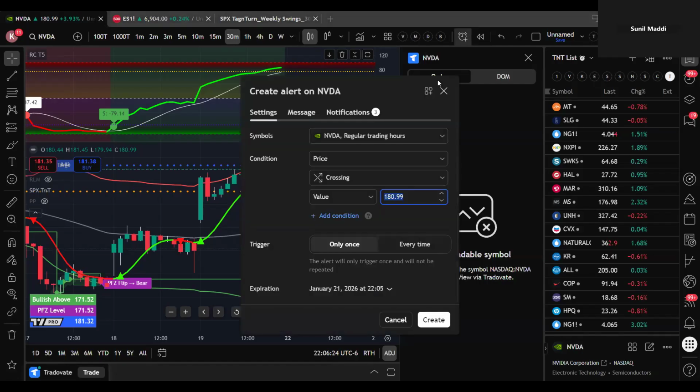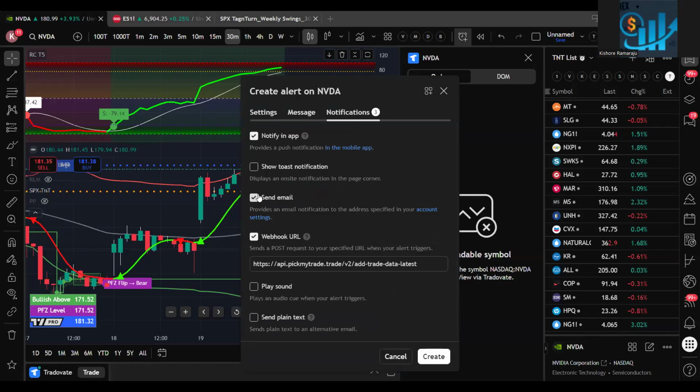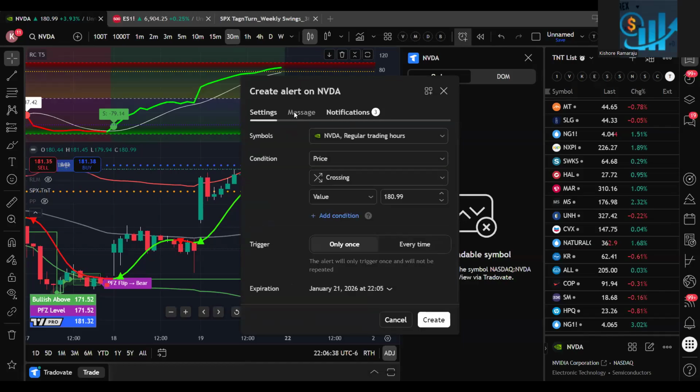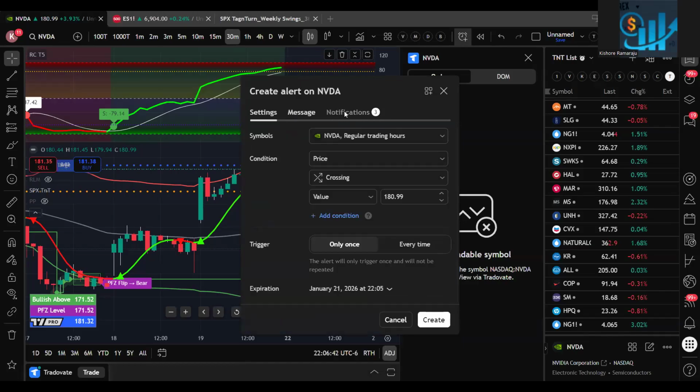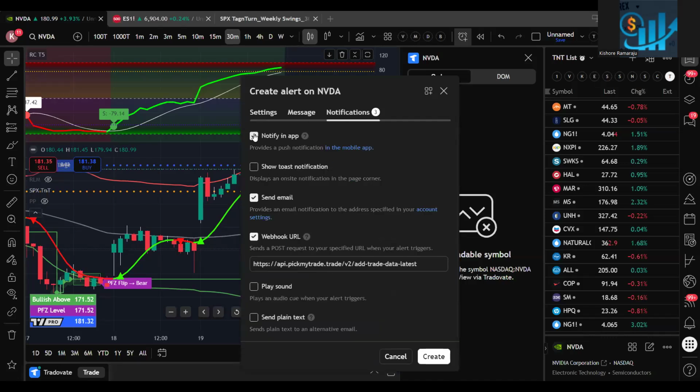You can go to notification, in the alert itself. Wherever you have the alerts, just go to notification and you can say notify in app, send email. Got it. Okay, perfect, thank you.